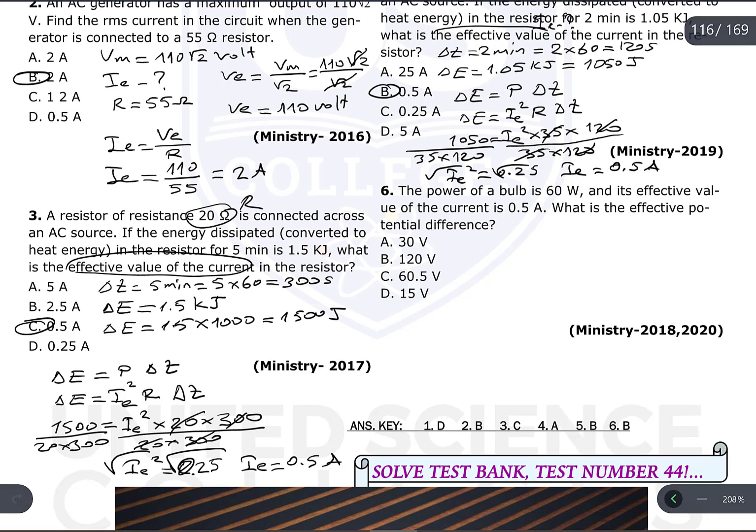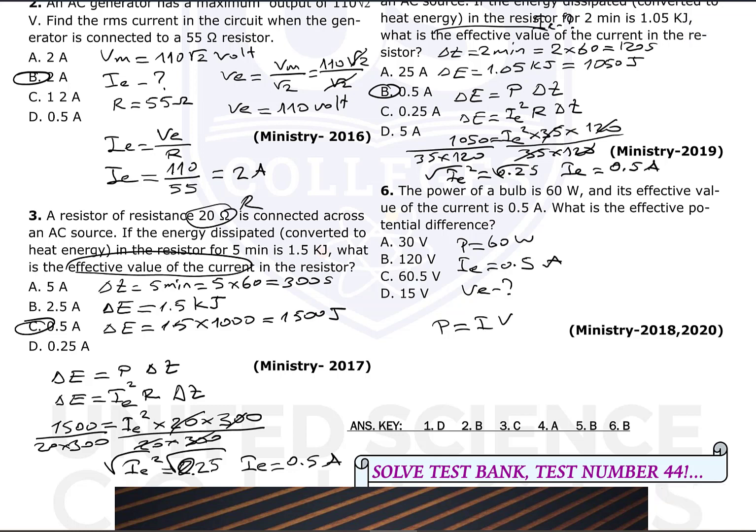And question number 6. The power of a bulb is 60 watts, and its effective value of the current is 0.5 ampere. So what is the effective potential difference? Effective potential difference is the question. For power, P equals IV. We can use this normal equation, the same as DC power calculation, because the effective value is assumed to be a direct current.